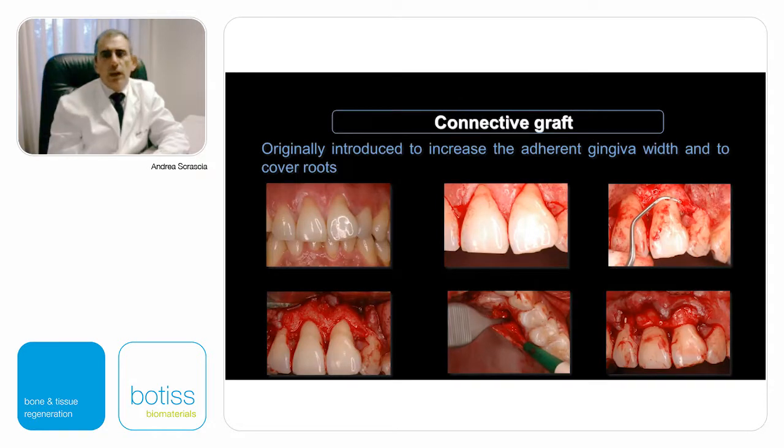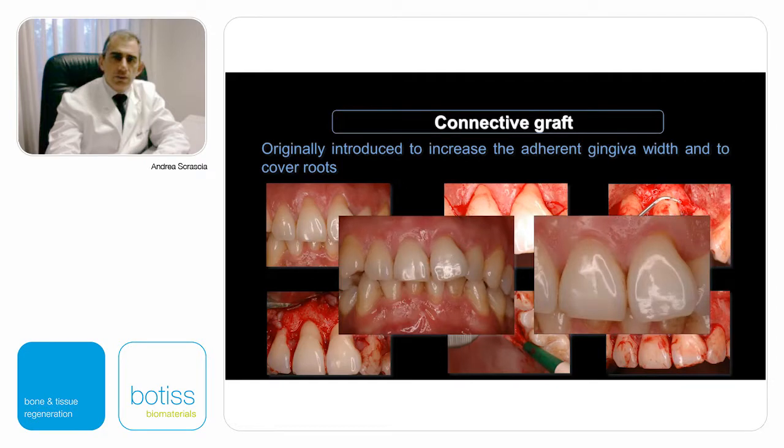In this clinical case showing connective tissue graft to treat multiple recessions on the central incisors and Miller third class on the 2.1, with angular incision technique at the donor site, executing a flap with papilla preservation, and this is the result after 8 years.